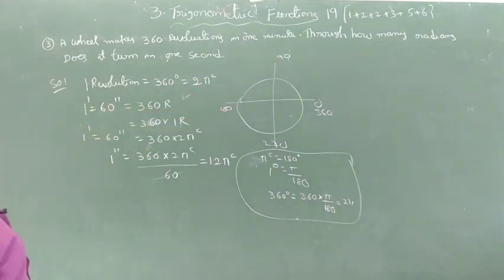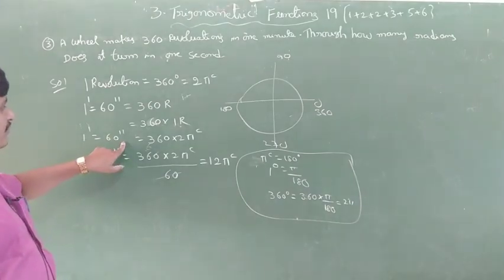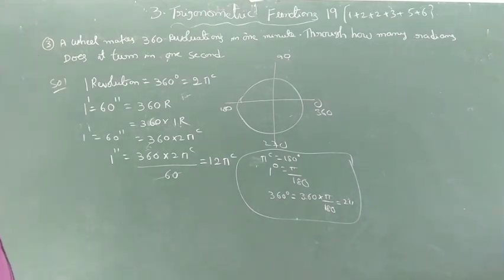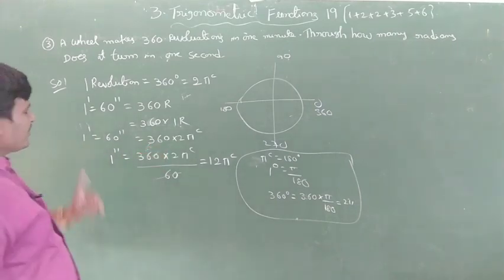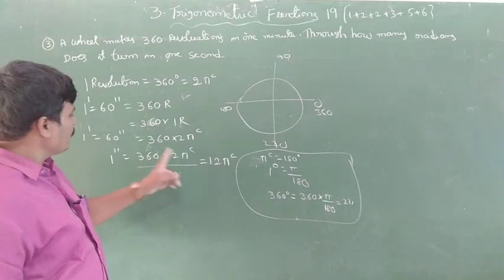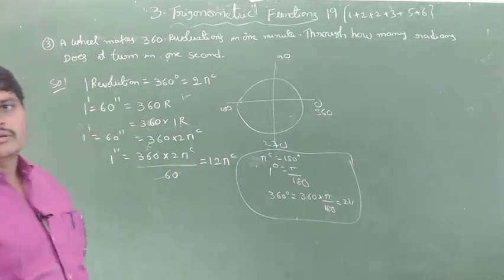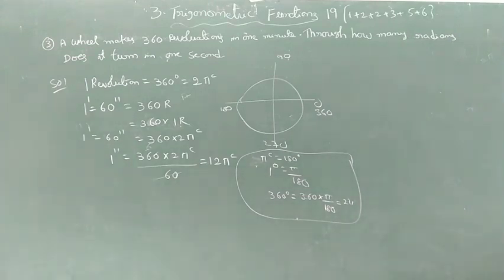So finally, 1 minute is equal to 60 seconds, which is 360 into 2 pi radians. We want 1 second, so 1 second is equal to 360 into 2 pi by 60, equal to 12 pi radians. Next.